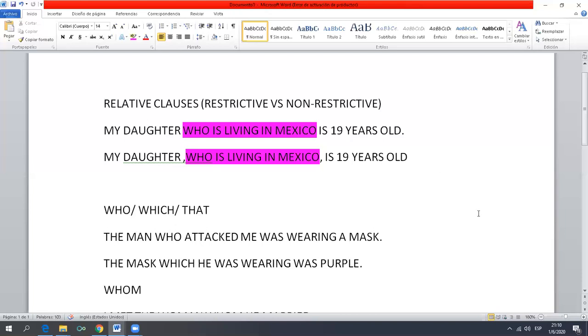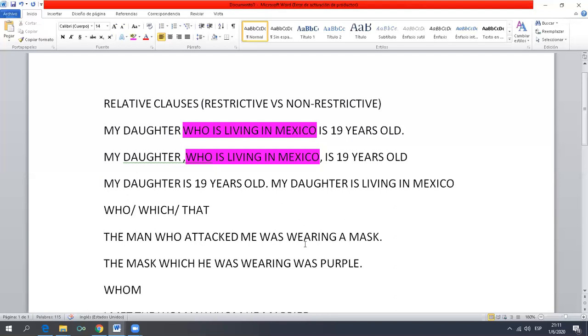Is this clear? Good. As you can see from our two examples at the beginning, relative clauses serve the purpose of joining sentences. All right. If you look at this example, we could say that we have two sentences. I could say my daughter is 19 years old on the one hand, and on the other, my daughter is living in Mexico.